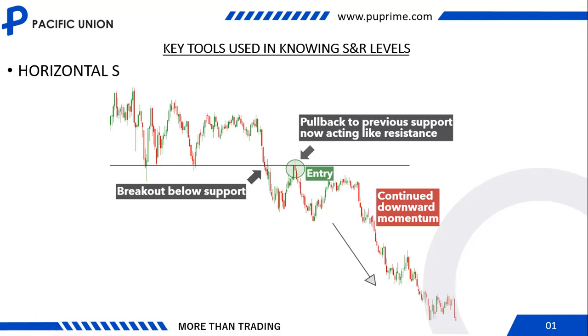Usually or traditionally, you watch out for at least one test, two tests, and you make a decision on the third test. There are different ways to apply support and resistance in your personal trading, but this is a traditional method that I've heard and used over time.